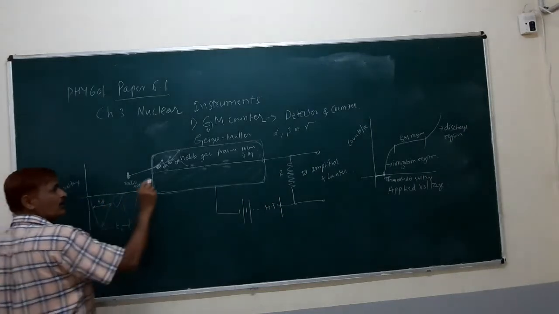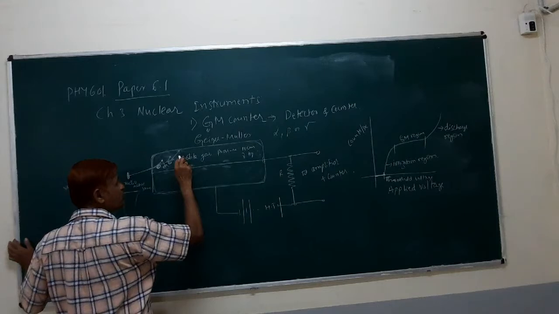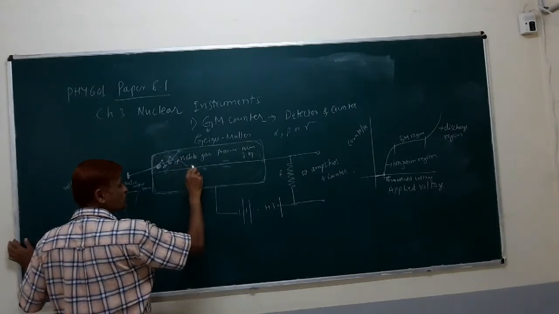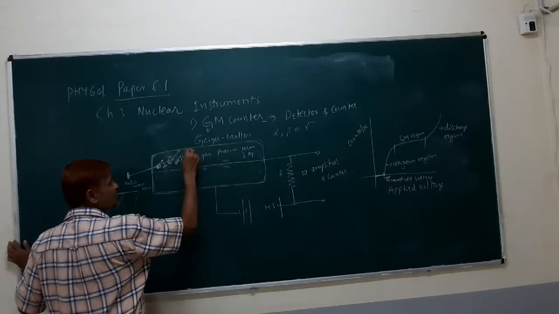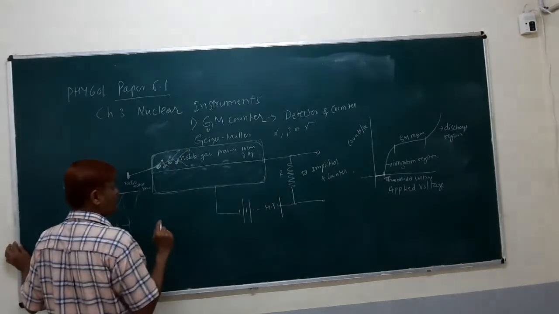But what happens if you see the time gap between the electrons reaching the positive electrode and the positive ions reaching the negative electrode? There is a time gap.